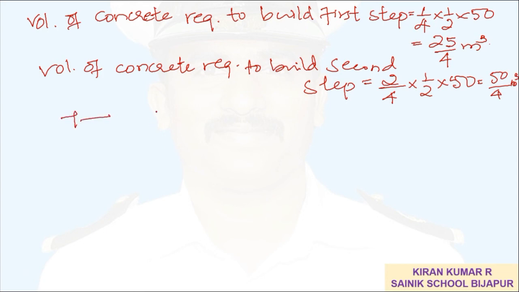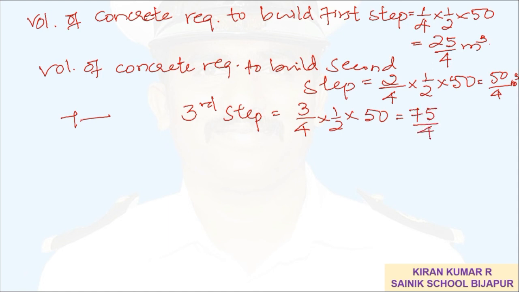On the similar note, for the third step, it will be 3/4 multiplied to 1/2 multiplied to 50. We get it as 75/4 meter cube.